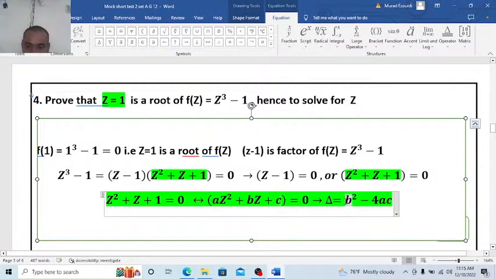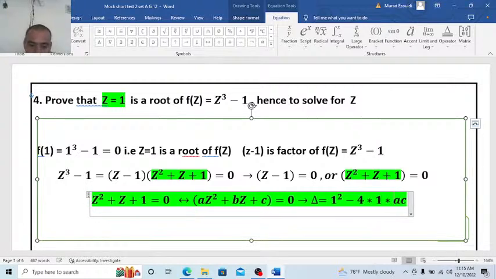So delta equals 1 minus 4 multiplied by 1 multiplied by 1.